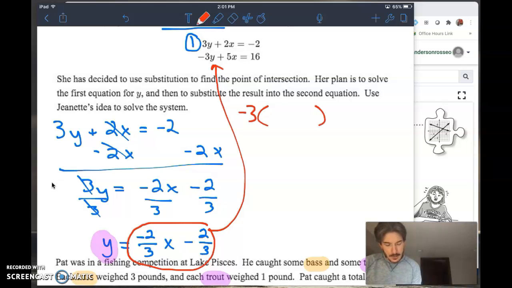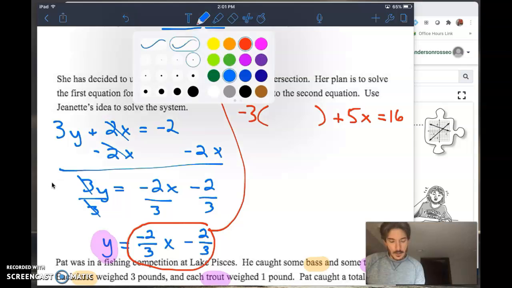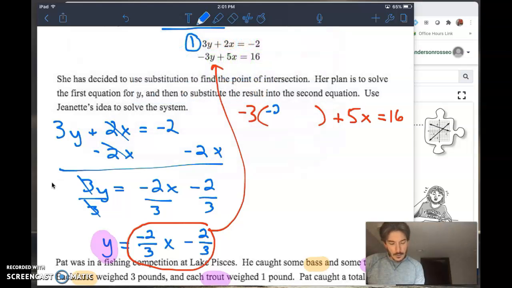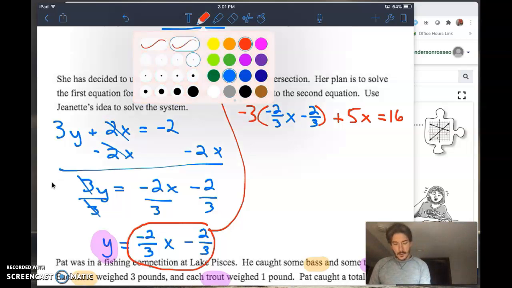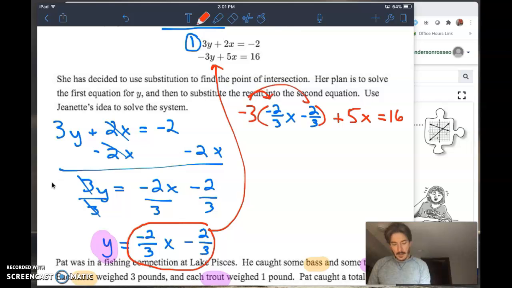I've left the blank in there where the y goes, and now I'm going to put in the known value of y, negative 2/3 x minus 2/3. The only thing I've done is I've subbed what I know y is equal to in for y. Now, distributing gives me that. I can distribute negative 3 times negative 2/3 x, that becomes positive 2x, and the negative 3 times negative 2/3 just becomes positive 2. Then I have plus 5x equals 16.